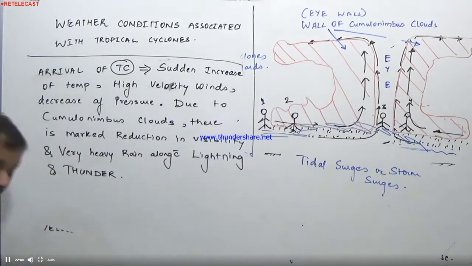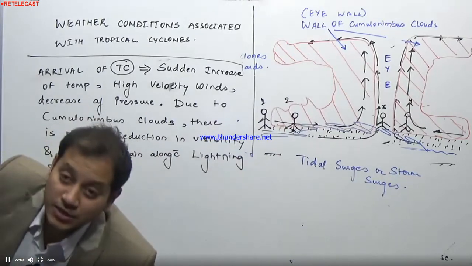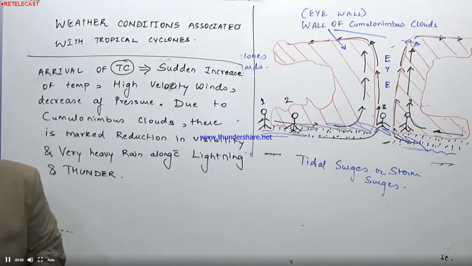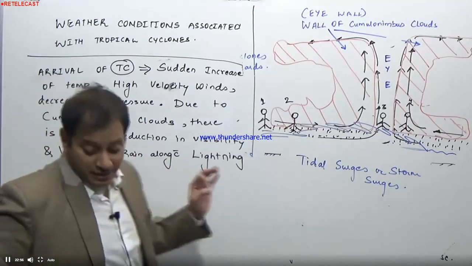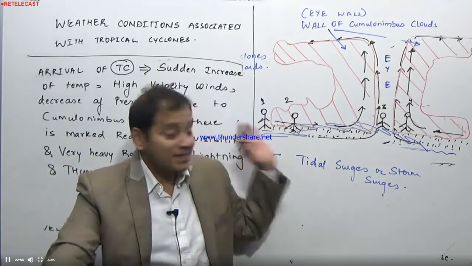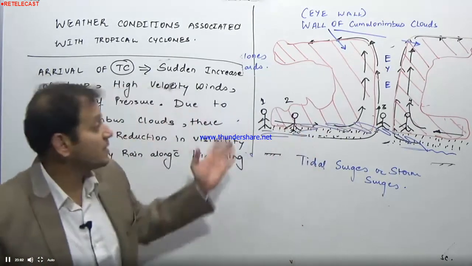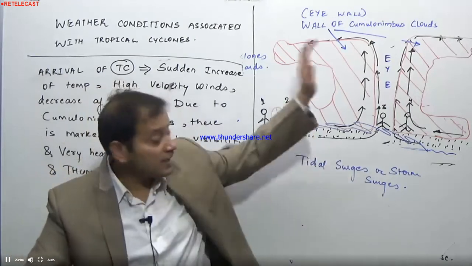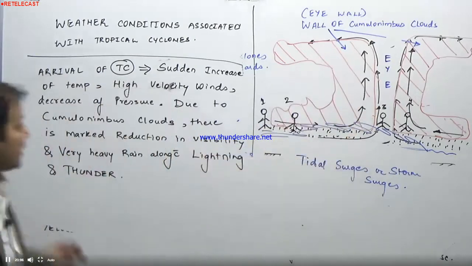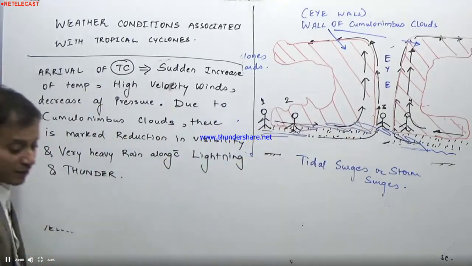So how are the weather conditions? The weather conditions, as you see, are mostly devastating weather conditions. That is, there is a wall of arrival of a cyclone, same conditions, then there comes the eye of a cyclone, and then comes the later part of a cyclone. So first there is an arrival of a cyclone.